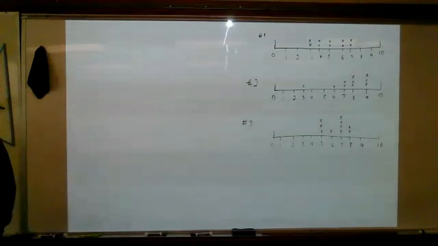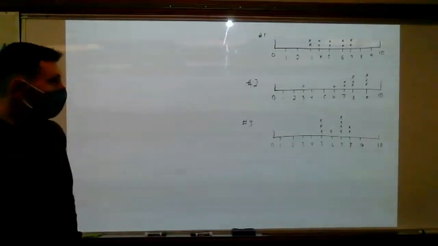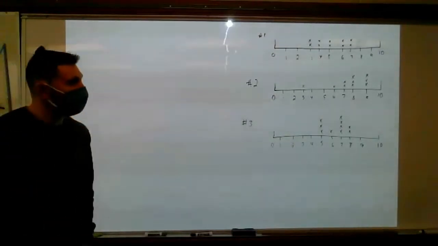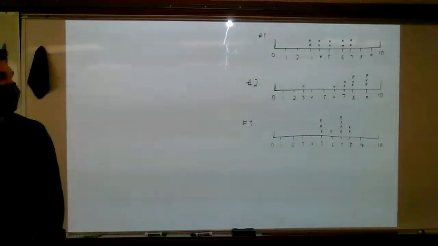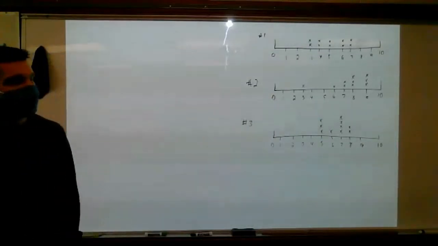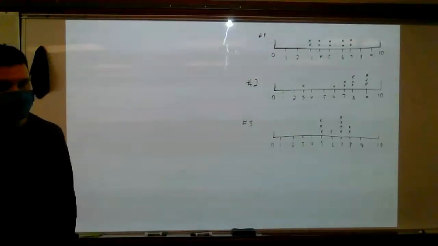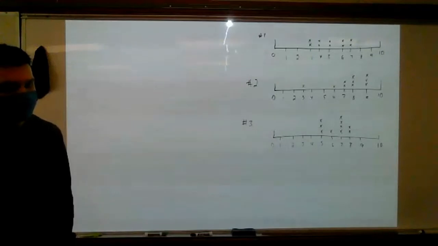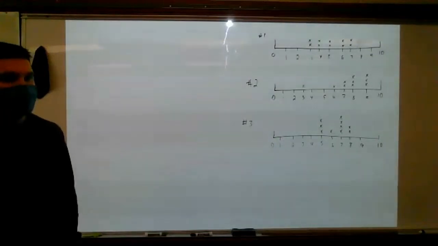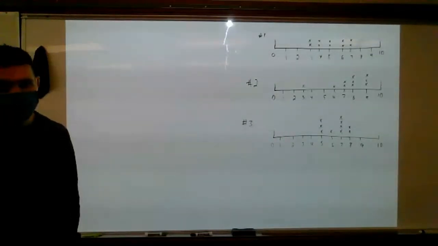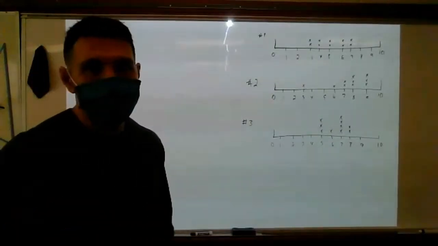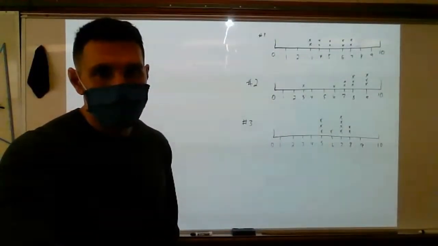So, computer person, somebody from the computer world, which one do you think has the most variability? Hello, computer people. Somebody come off mute. Okay, I'll just call on you.